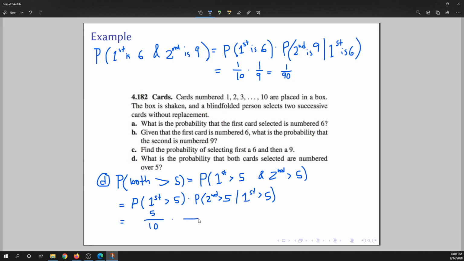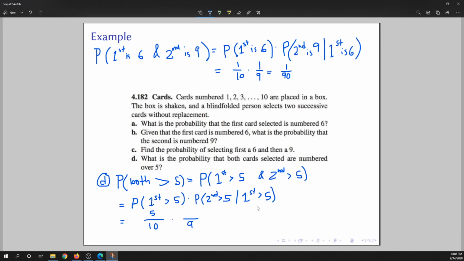If the first card's been drawn and it had a number bigger than 5 on it, we set it aside. So now the sample space has only 9 possible outcomes for the second draw, because there's only 9 cards in the box.